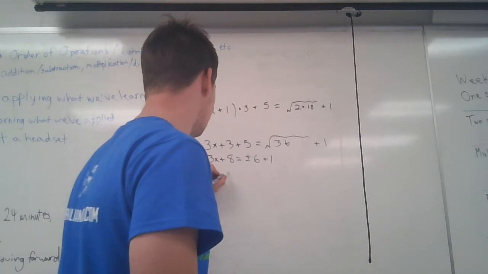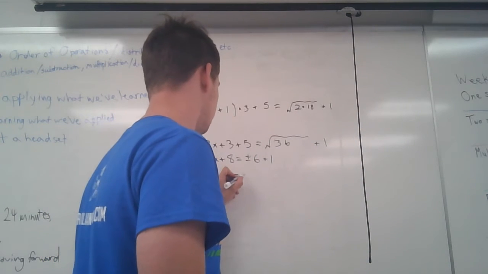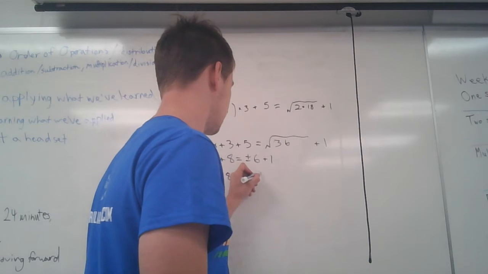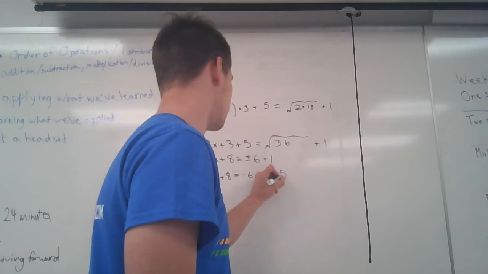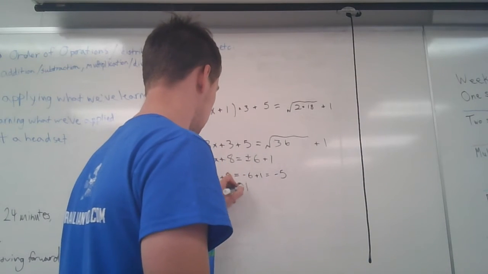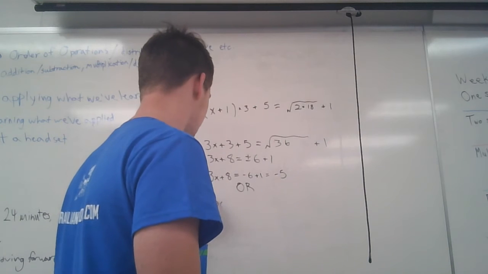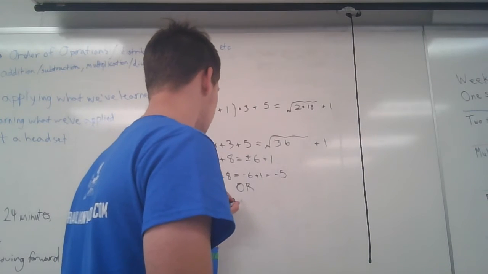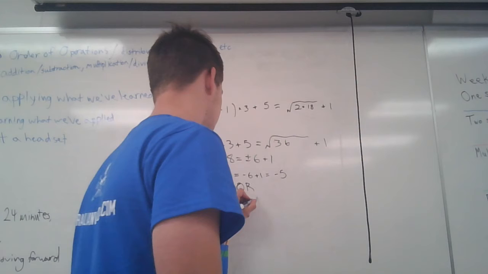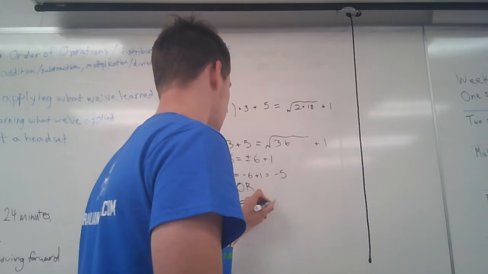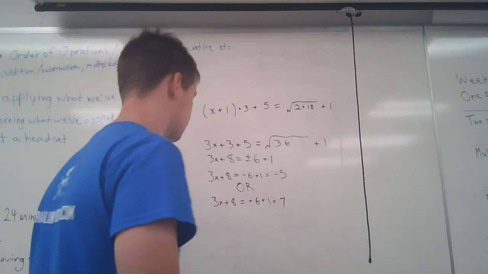3x plus 8 equals minus 6 plus 1 equals negative 5, or 3x plus 8 equals positive 6 plus 1 equals 7.